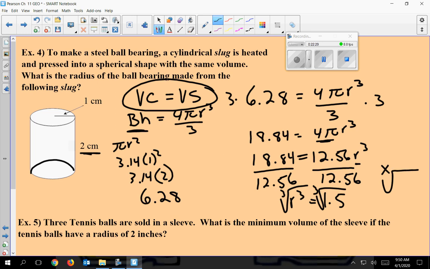We'll round this to the nearest hundredth, and I get 1.14. So that's going to be the radius of our ball bearing.